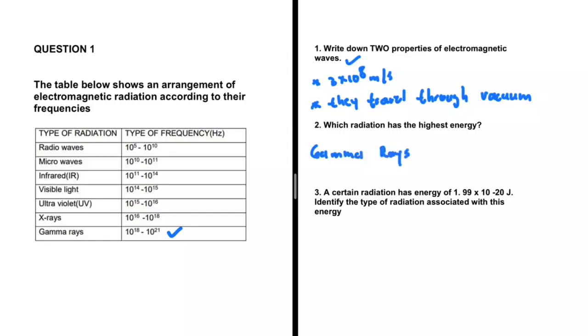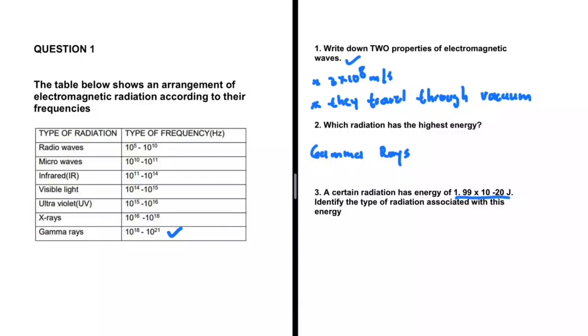The third question: a certain radiation has energy of 1.99 times 10 to the power minus 20 joules. Identify the type of radiation associated with this energy. So we are given the energy. We must find the type of radiation associated with this energy.